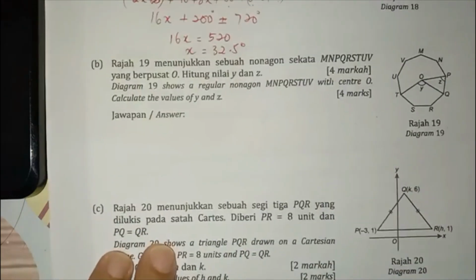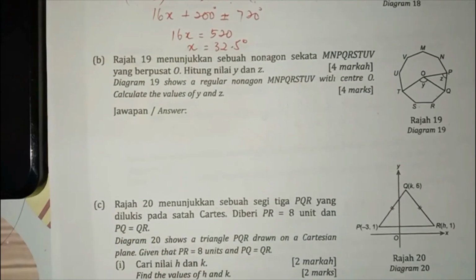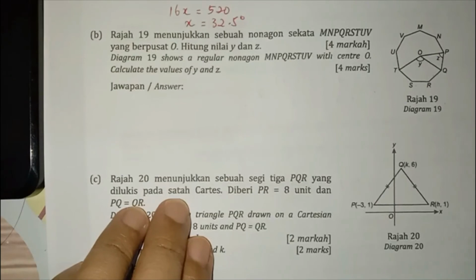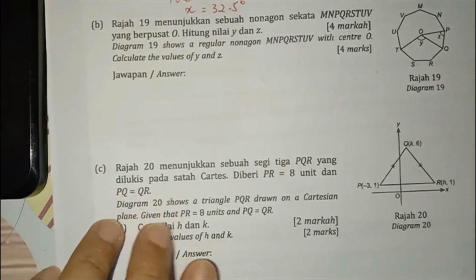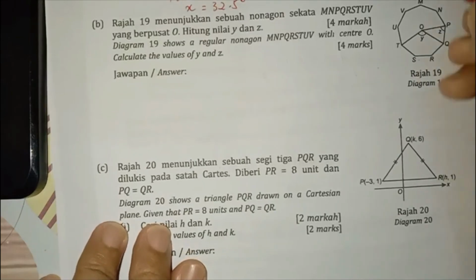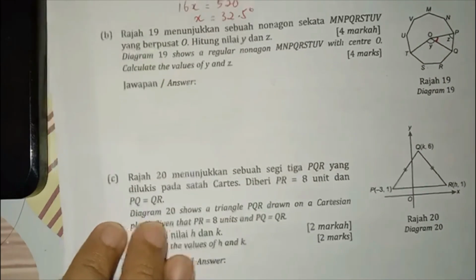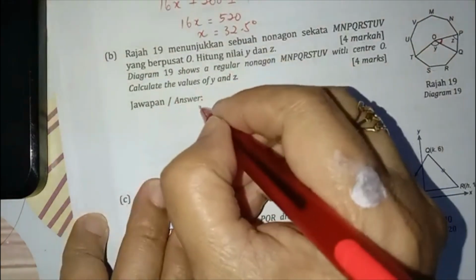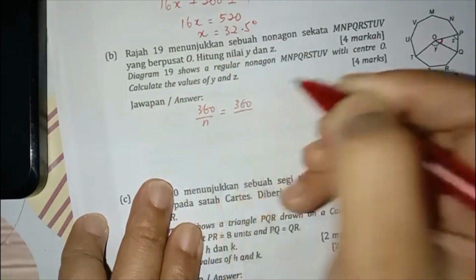Part B. Diagram 19 shows a regular nonagon with center O. Calculate the values of x and y. The angle at the center for one small segment equals 360 divided by n.